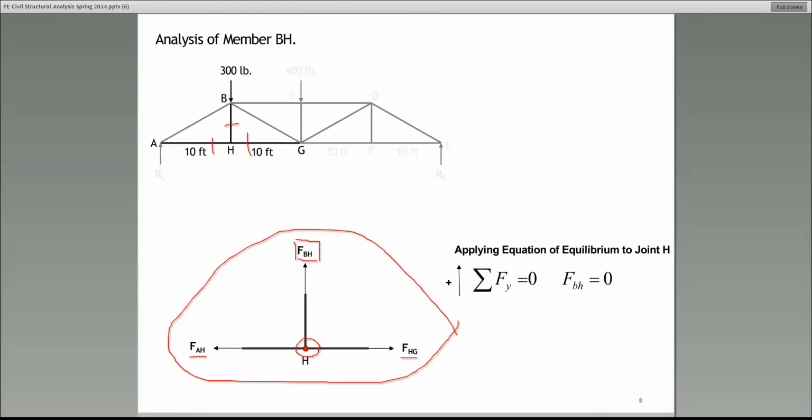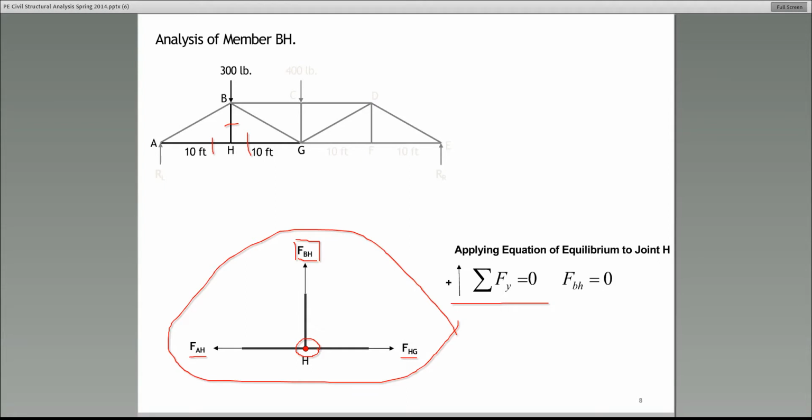However, if you sum the forces in the y direction, as we have done here, assuming y going to the top is positive, what do you get? FBH positive. Is there anything else in the y direction at the joint H? The answer is no. Therefore, FBH would have to be equal to 0.